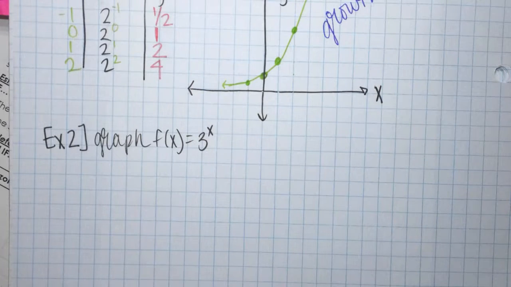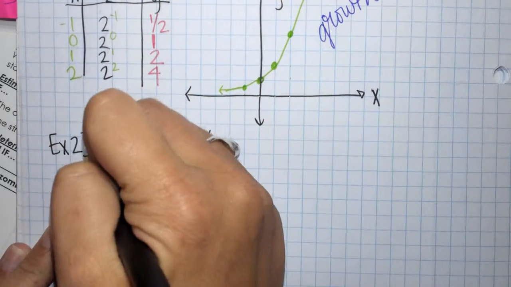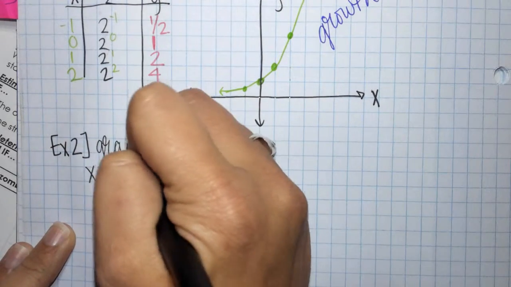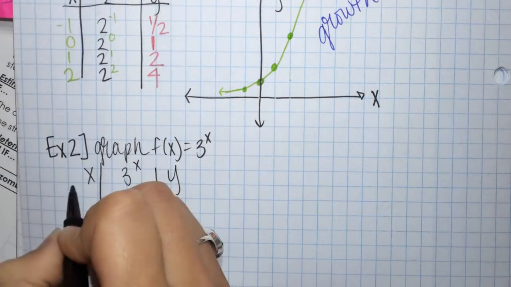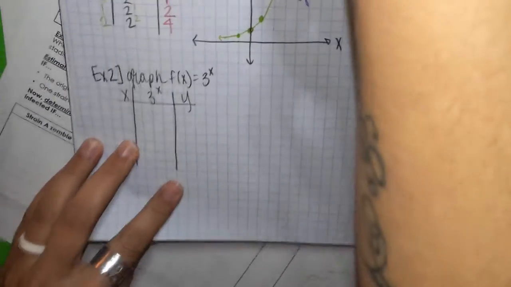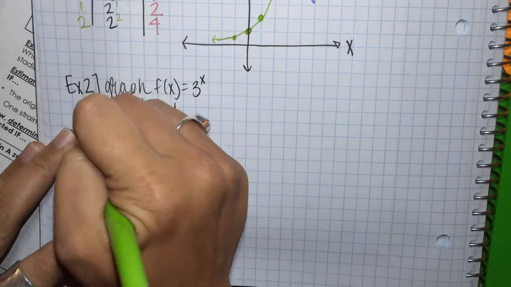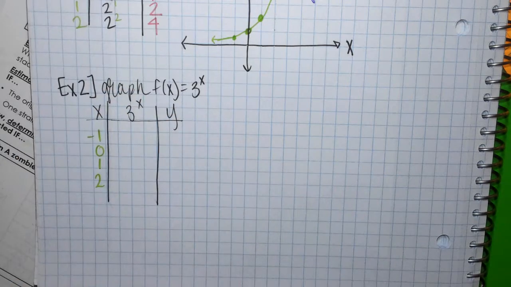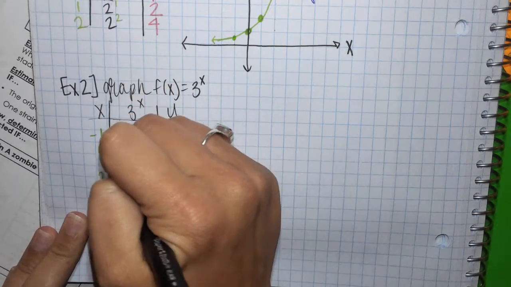All right, so hopefully you made your table, and it looks like this. You have x, 3 to the x, and y, correct? And then for your x, you wrote down -1, 0, 1, and 2, correct? Yes. All right, and then you wrote all of your 3's.